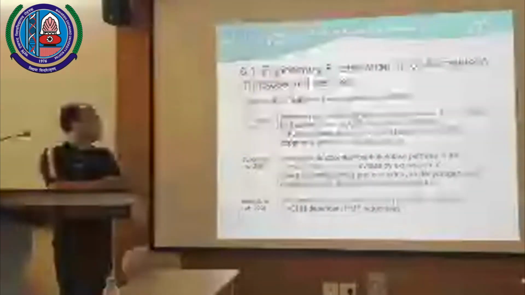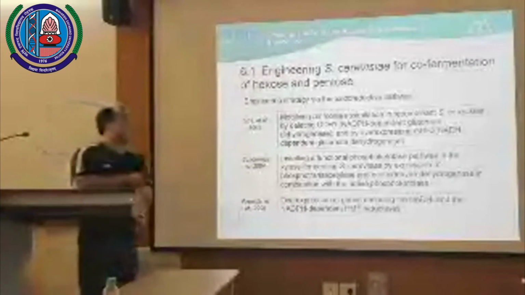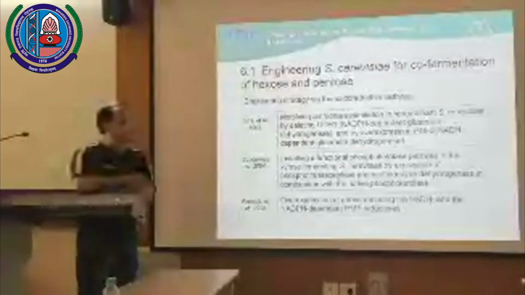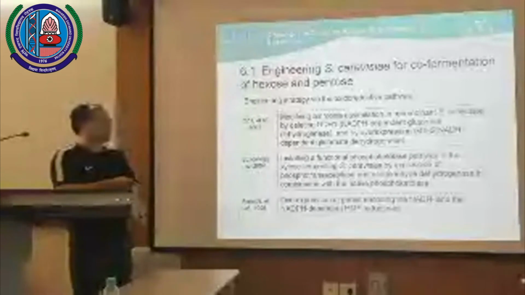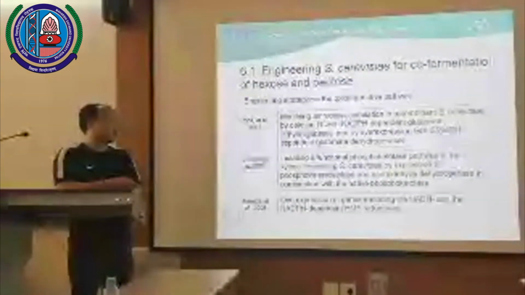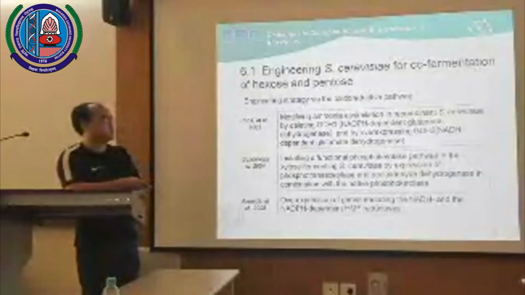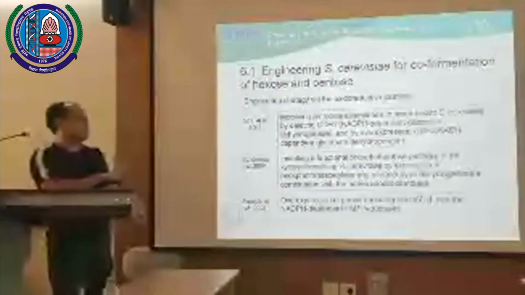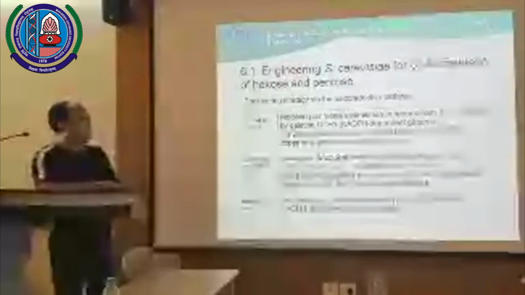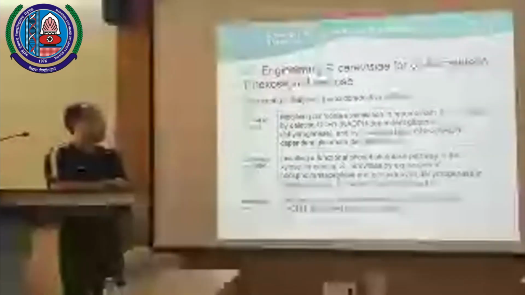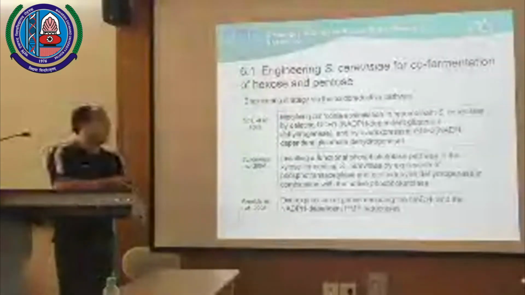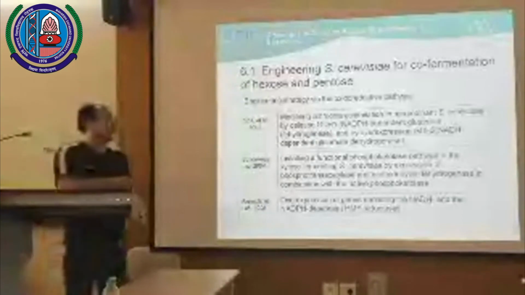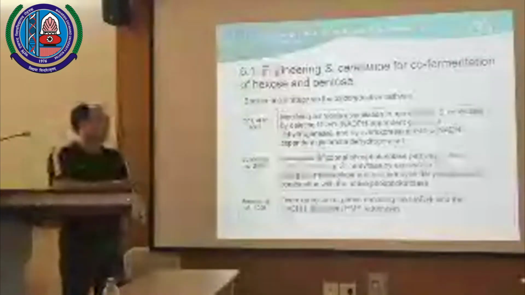Another approach is to install a functional catalase pathway. This pathway depends on the expression of two important enzymes in combination with native enzymes. The last method is to overexpress genes including MAH and the NADPH-dependent HMF reductase.